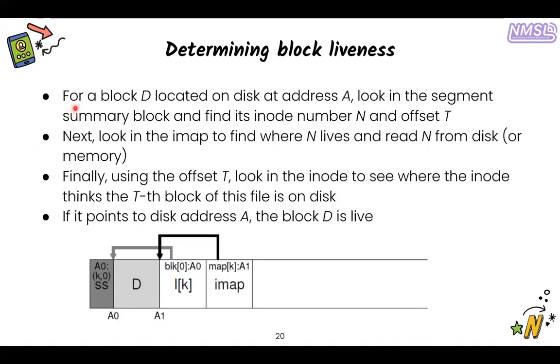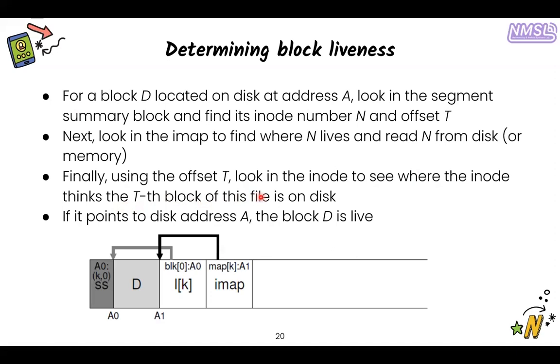So for block D, located on disk at address A, you look in the segment summary block and find its inode number N and offset T. And then you look in the IMAP to find where N lives and read N from disk or memory, wherever it is. Finally, you use that offset T and look in the inode to see where the inode thinks the T-th block of this file is on disk.